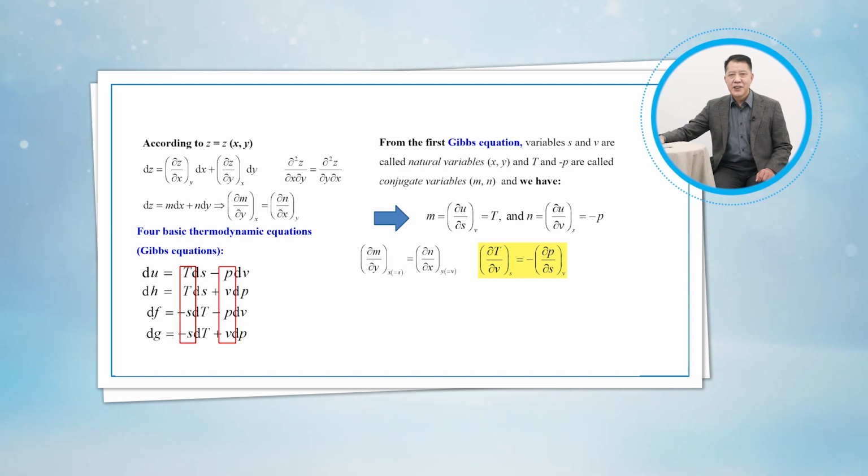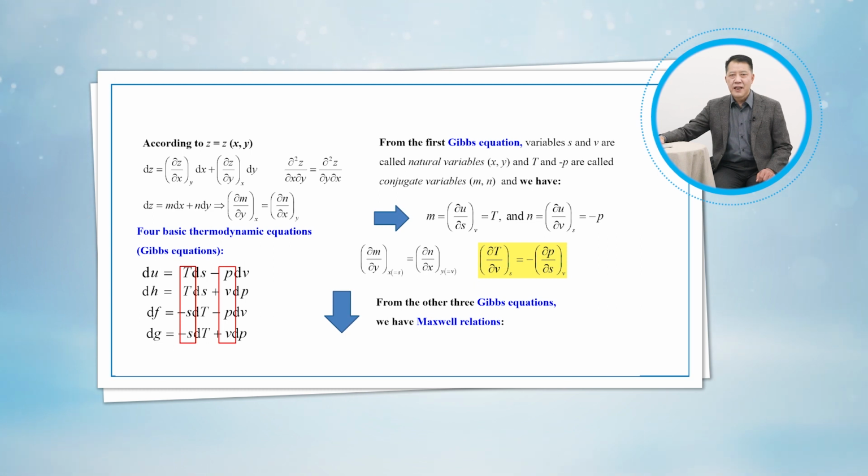It indicates that the change in temperature that occurs when volume changes while entropy remains constant is identical to the absolute change in pressure that occurs when entropy changes while volume remains constant. From the other three Gibbs equations, we have the other three expressions.